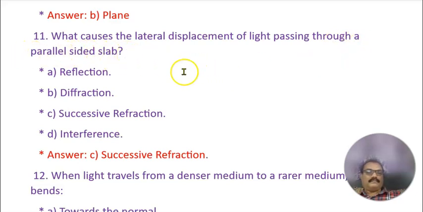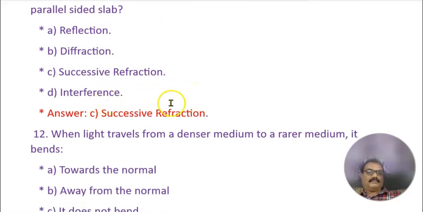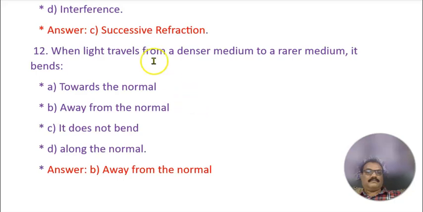A. Reflection. B. Diffraction. C. Successive refraction. D. Interference. Answer: C, successive refraction. 12. When light travels from a denser medium to a rarer medium, it bends: A. Towards the normal. B. Away from the normal. C. It does not bend. D. Along the normal. Answer: B, away from the normal.